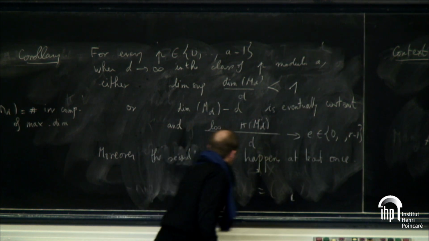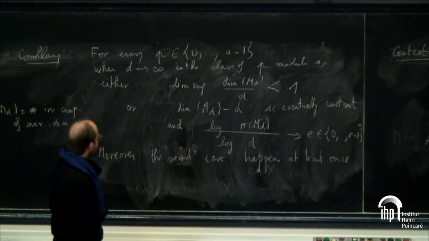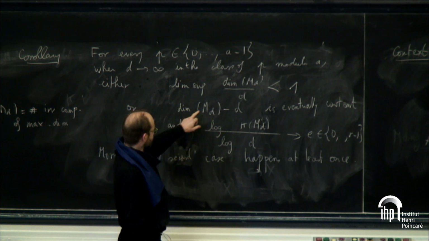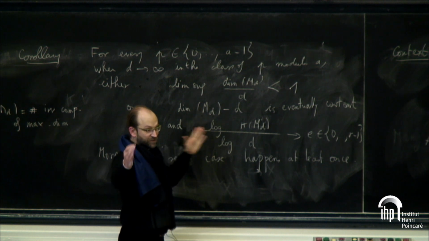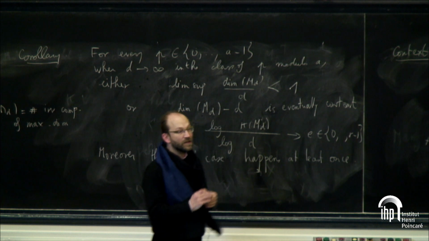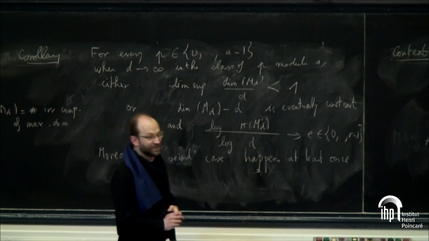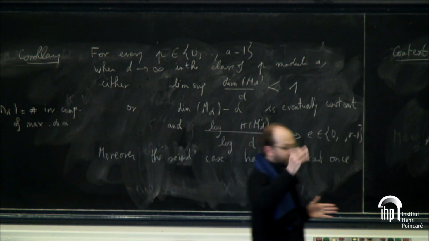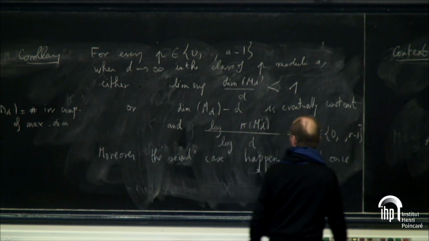And I won't write it on the blackboard, but more generally, what the result says is that if you look at the Hodge-Deligne polynomial of M_d, you control a positive proportion of the top part of this polynomial in two variables, or the virtual Hodge structure of M_d.